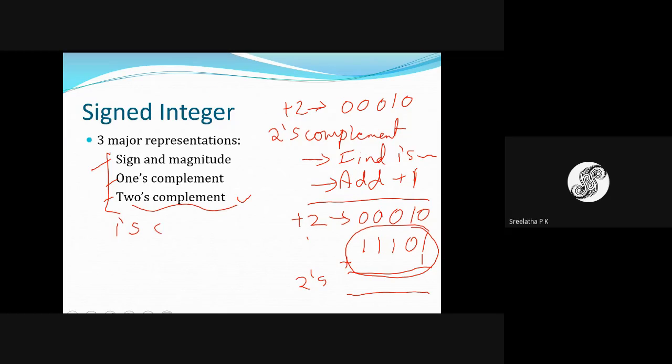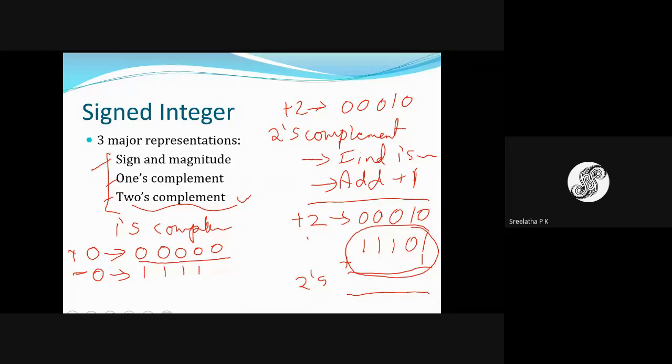So if I am using 1's complement, suppose, how is 0 represented in 1's complement? 0 is the same, correct? Okay, this is plus 0. Suppose there is minus 0. I want to find the 1's complement of it. Can you find the 1's complement of it?